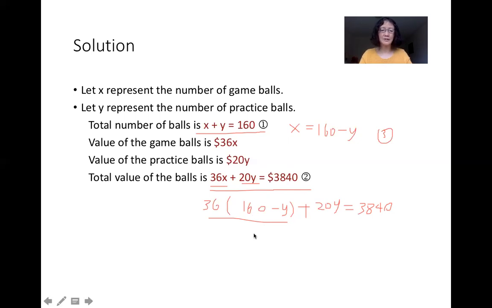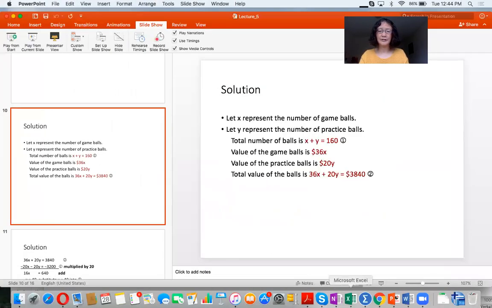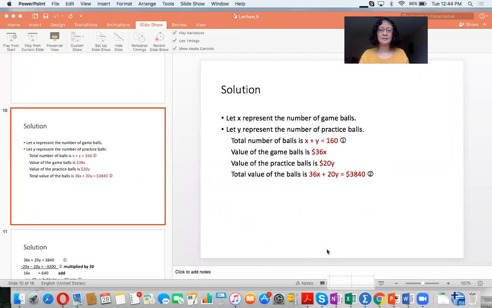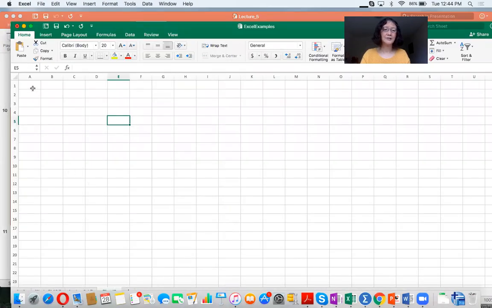Maybe we can use Excel to do the calculation part. We need to do 36 times 160. The result is 5,760, okay?